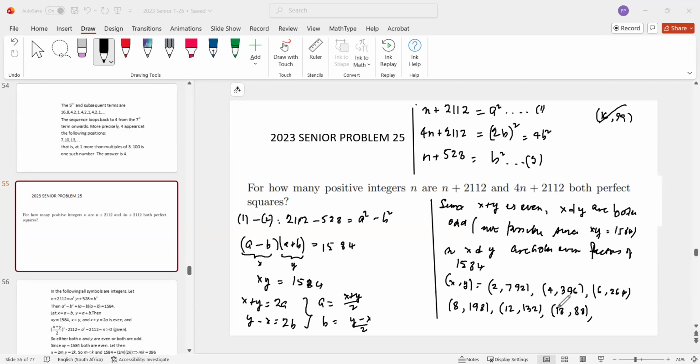Then the next one is 22. 22 goes into both of them. 22 times 72, I think. You also have 24 times 66.